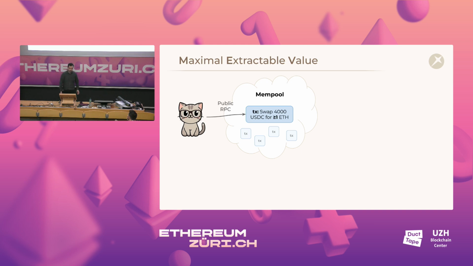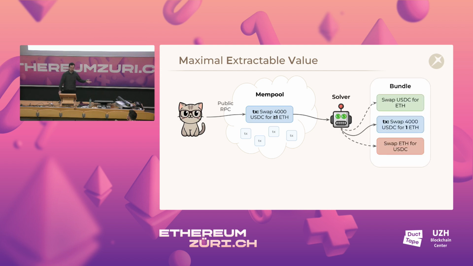So the solver is still there listening to the transactions. He says, I have multiple pools I can trade against. So I just include the transaction, but I only give you the minimum you asked for. He includes the transaction, and then everything goes on. The solver still earns money. So it's kind of a bittersweet situation because he obtained what he wanted, but he was kind of forced to do it.